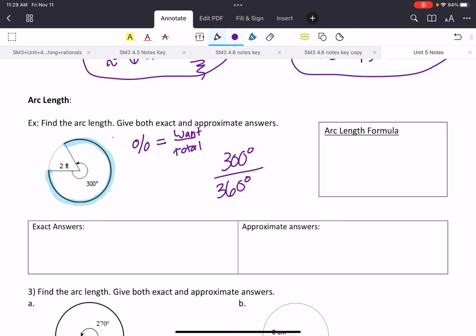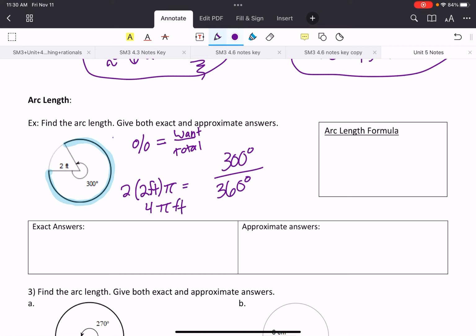Your 2 feet is your radius. So what do I need to do to it? Yes, by 2. 2 times the radius times pi is our circumference, which is 4 pi feet, right?